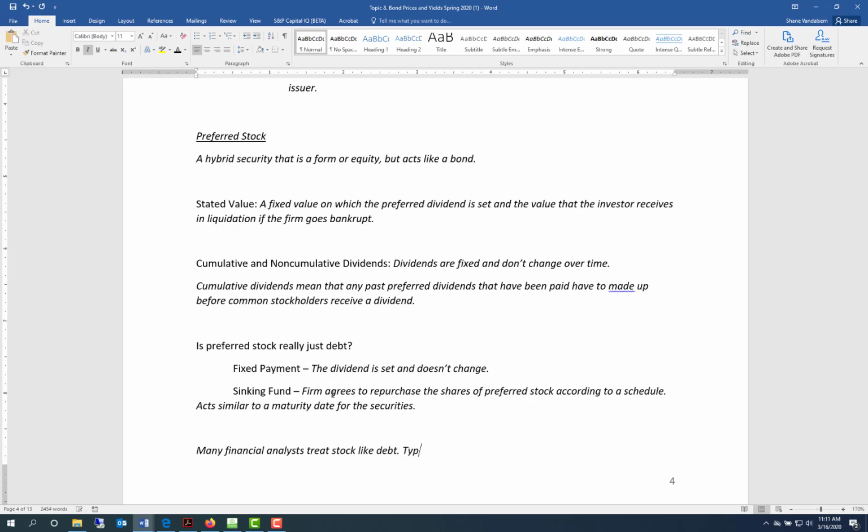Typically, preferred stock is issued by financial institutions. And what I mean by that is typically issued by banks, because banks have restrictions on issuing long-term debt, and so they're issuing preferred stock in lieu of issuing long-term debt.